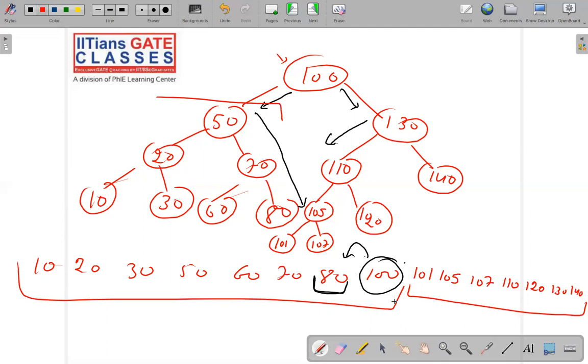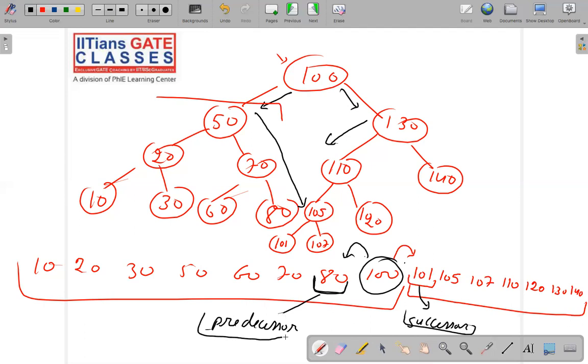Now, in the Inorder traversal, what lies on the right side? Exactly one step on the right side is called the successor. What lies on the left is called the predecessor.